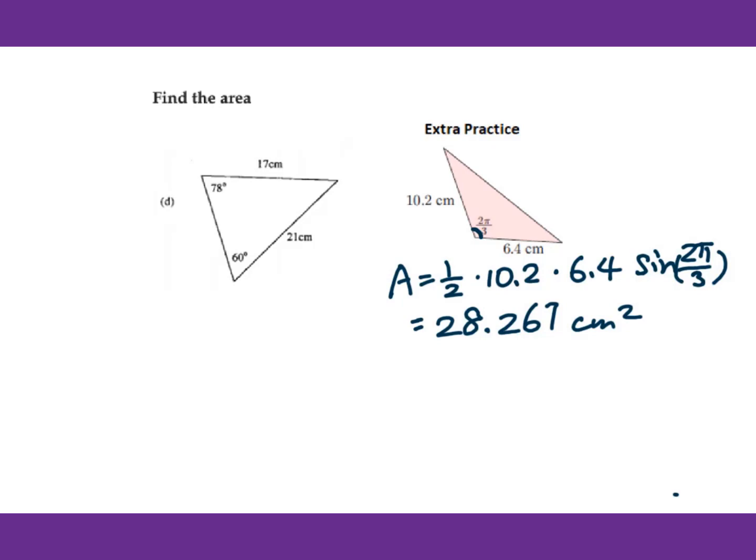When you have a sine, cosine, tangent, that trig function, when you use the calculator, you have to be careful. You need to analyze whether the given angle is in radians or degrees, so that you can change the mode into the correct format.